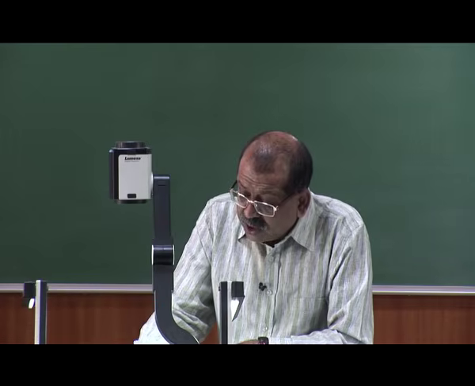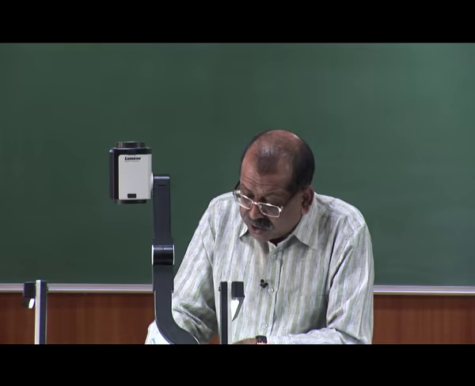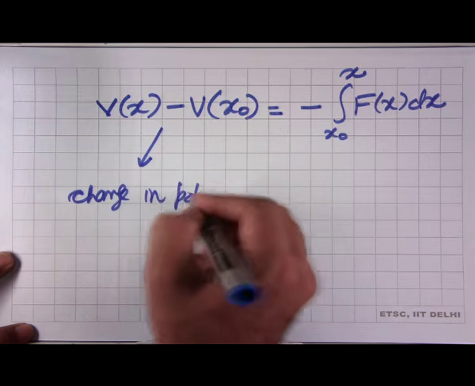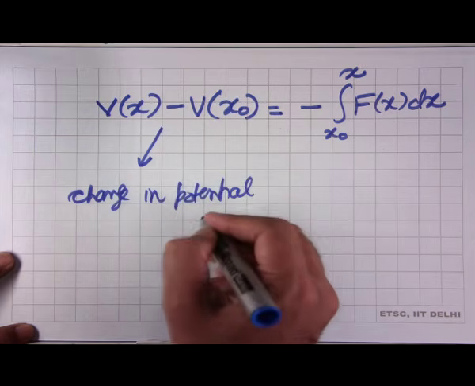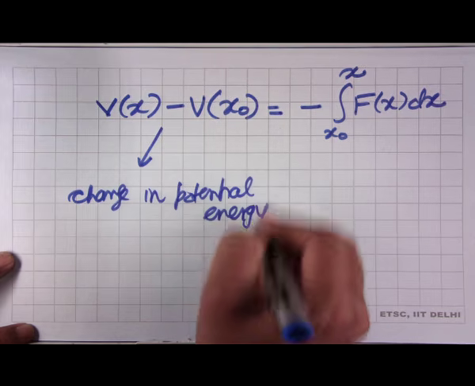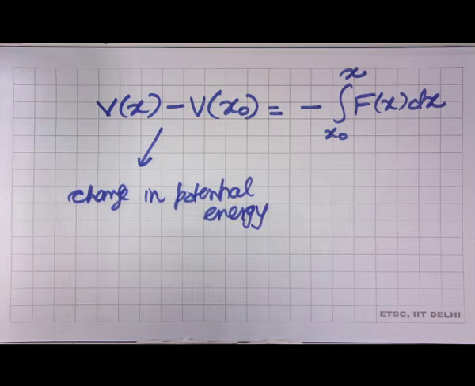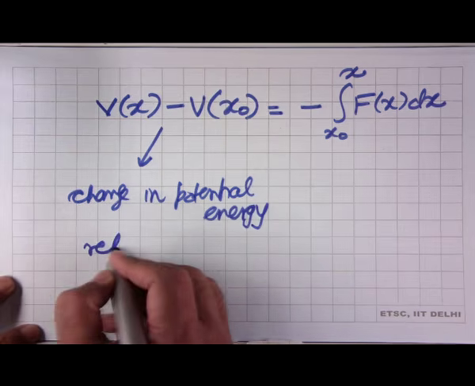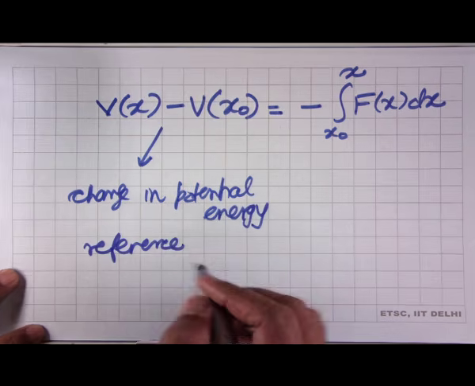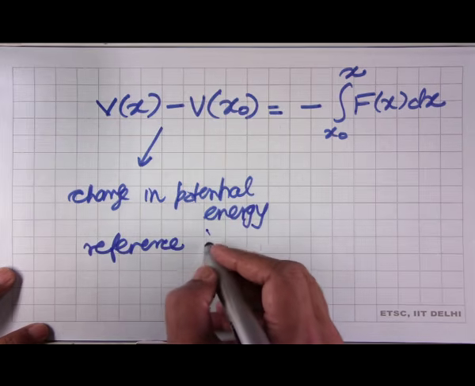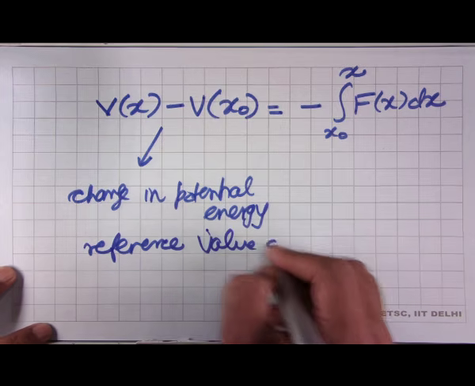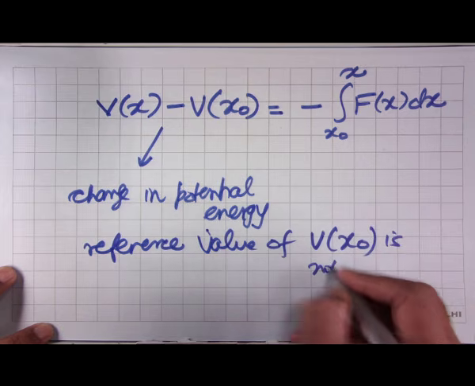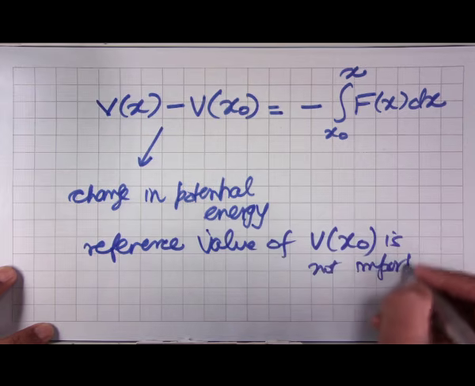Now, one thing which we realize is when we use the potential energy formulation, it is the change in potential energy which figures in our equation. Because we are talking of the change in potential energy, the reference value V of x0 is not important.